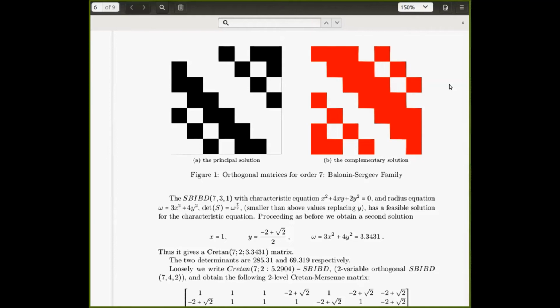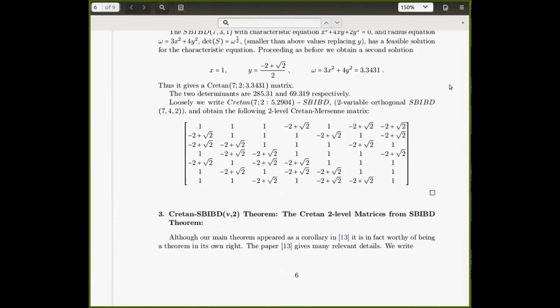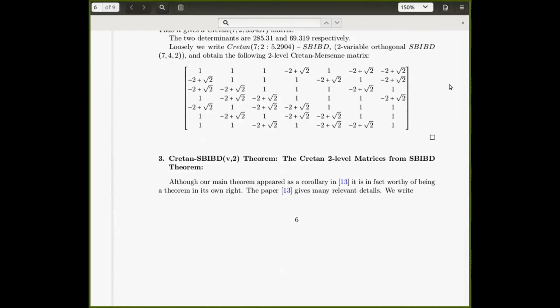We can have any number of levels, and any of them can be real numbers. So you can see the pattern in there. Anybody who loves SBIBDs will see the pattern in there from the SBIBD and this complement.